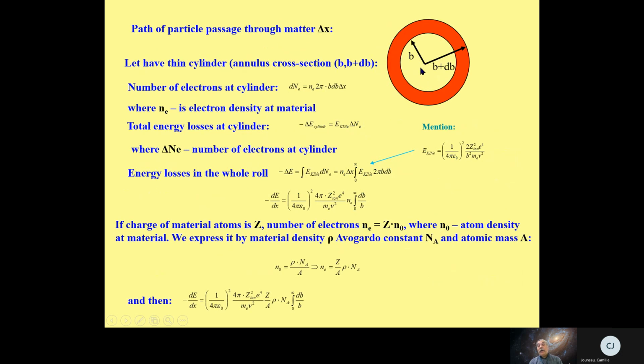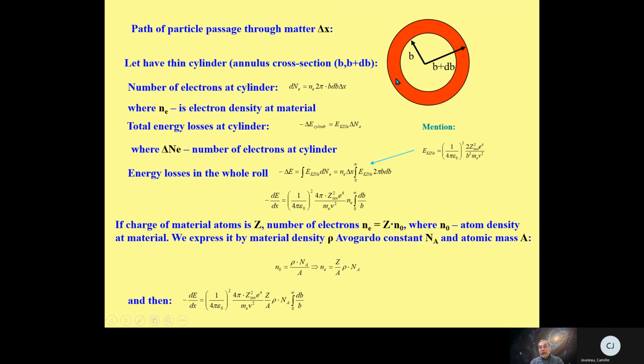That means if this proton, or some other heavy particle, is moving through matter, it is possible for it to meet many electrons. We are now looking at electrons at a distance, this impact parameter from this ion, of b.